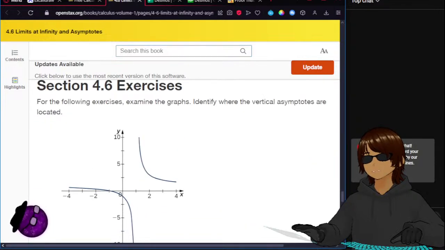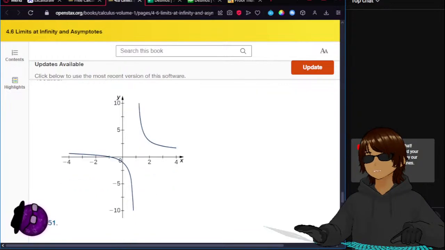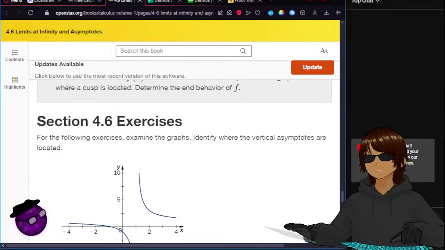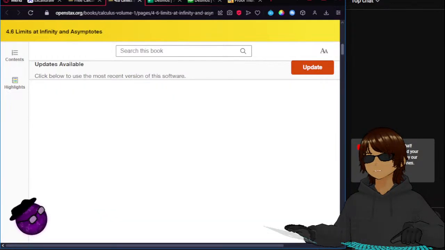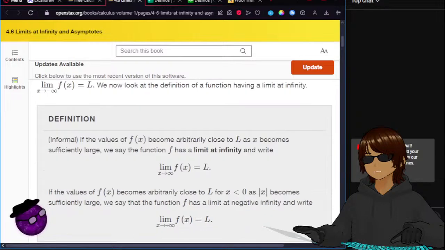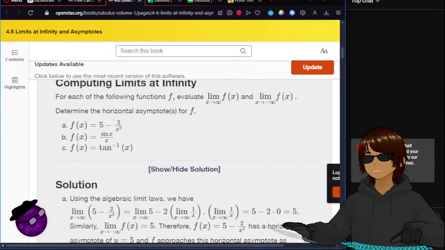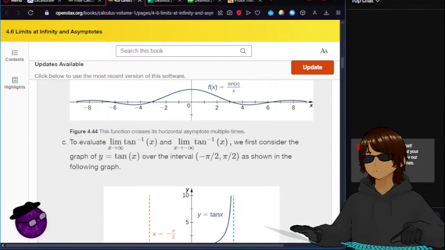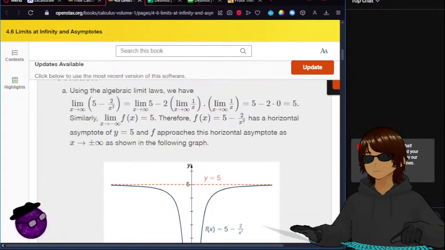For the following exercises, examine the graphs, identify where the vertical asymptotes are located. It does talk about vertical asymptotes. Yeah, it talks about horizontal here, horizontal. It talks about vertical.